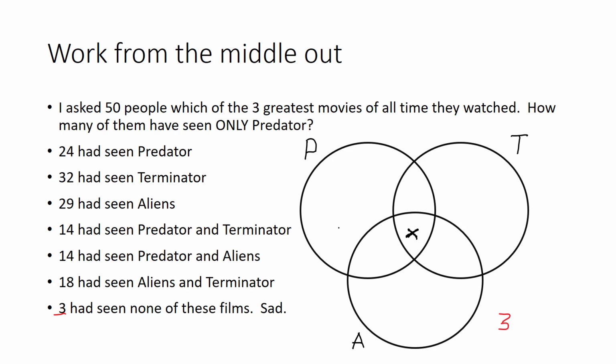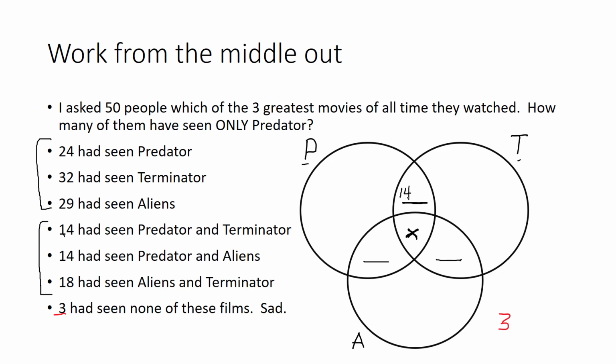From here, we can start finding these sectors here. We can't use this stuff yet, but we can use these values. 14 people had seen Predator and Terminator. So we've got Predator, we've got Terminator. That's this sector right here. 14 had seen Predator and Terminator.